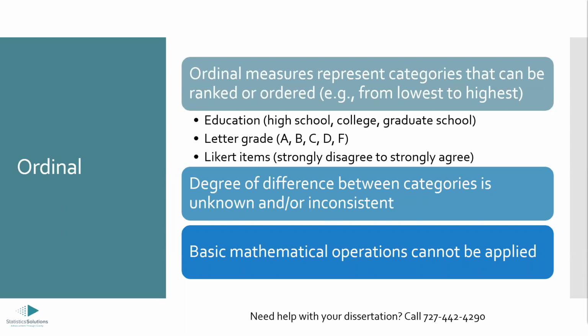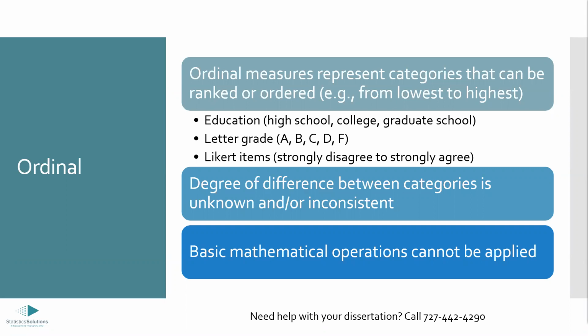Some good examples of this would be something like education, where you may have categories of someone's level of education. So you might have high school, college, graduate school, things like that, where we know the order in terms of what's a higher level of education. We know that college is a higher level of education than high school, and we know that graduate school is a higher level of education than college.